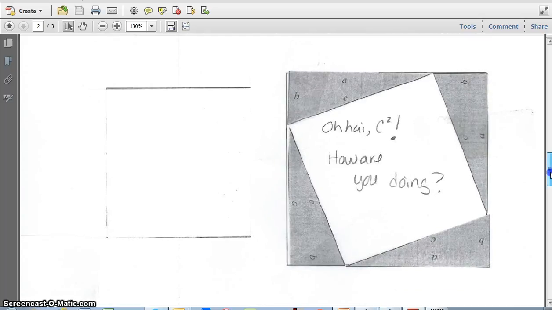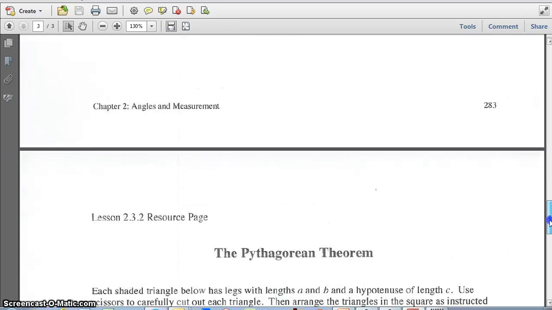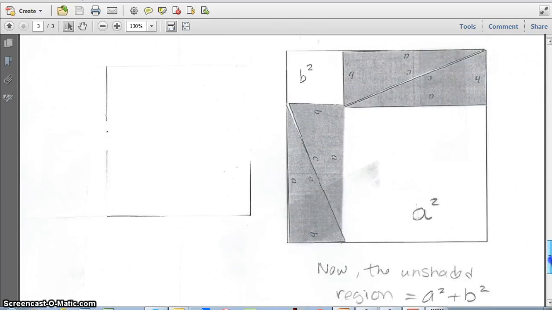And that allows us to use the Pythagorean theorem to find missing side lengths, to confirm certain triangles are indeed right triangles. And that's what we're going to use the Pythagorean theorem for.